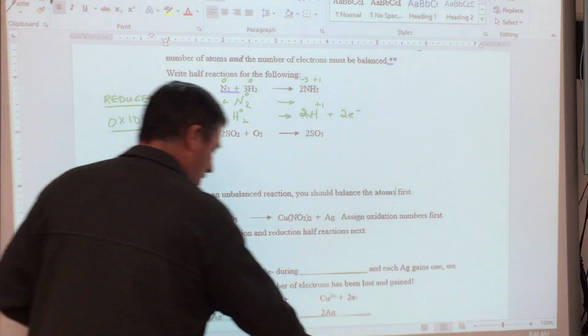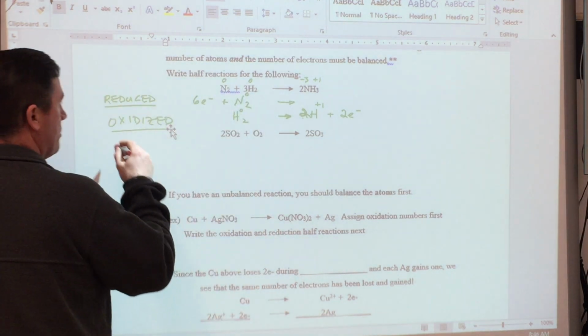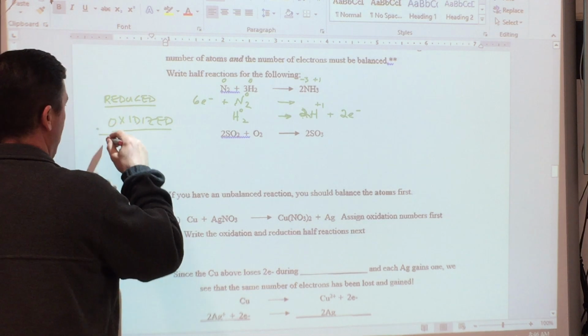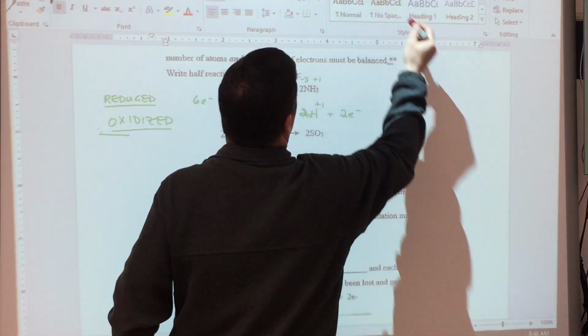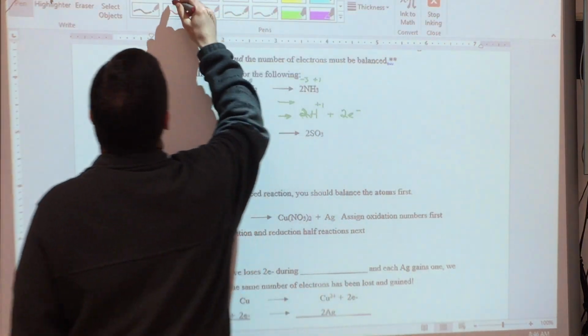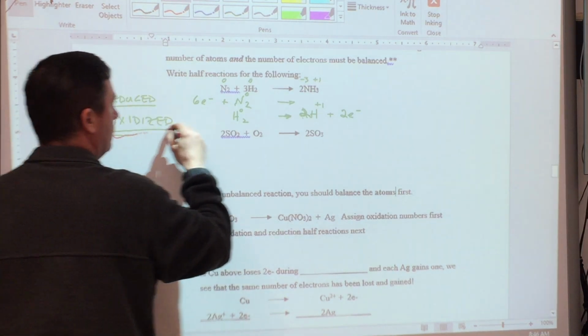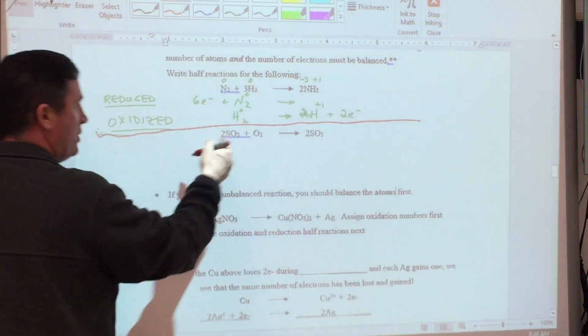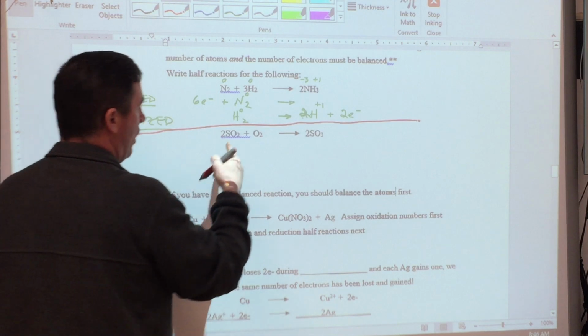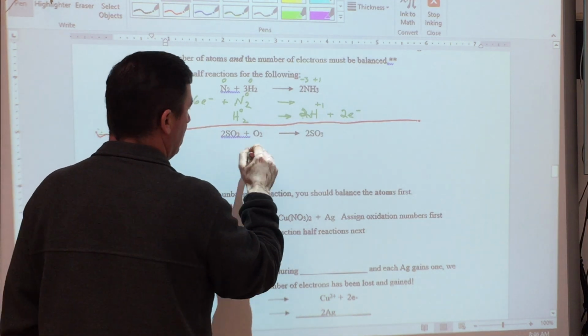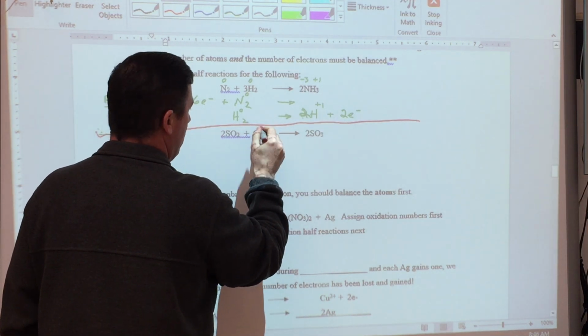All right, so let's switch colors. Let's try this one. Okay, I'm going to start with giving the oxidation number. Well, I know this one's 0.